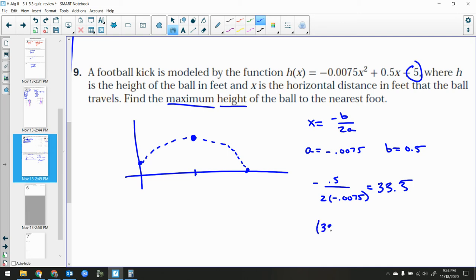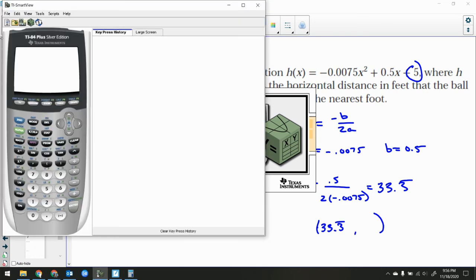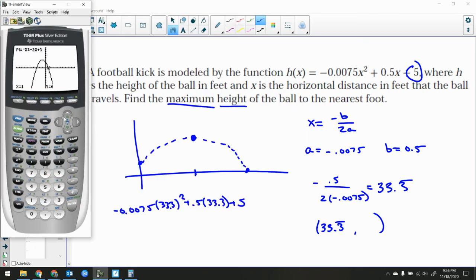So this is 33.3 comma something. Now, how do I figure out what that something is? Well, negative 0.0075 times 33.3 squared plus 0.5 times 33.3 plus 5. Okay, I guess I have to go to my calculator here. I thought I was going to be able to get away with that small calculator.